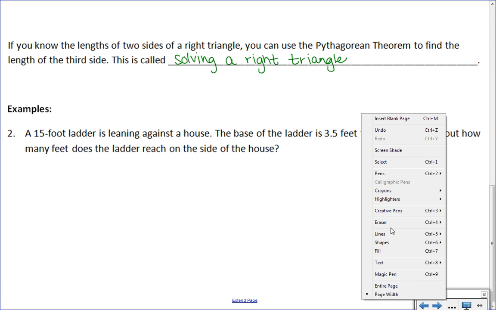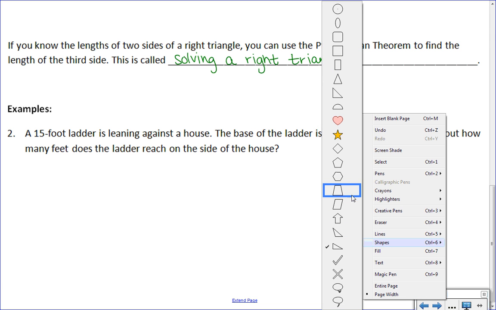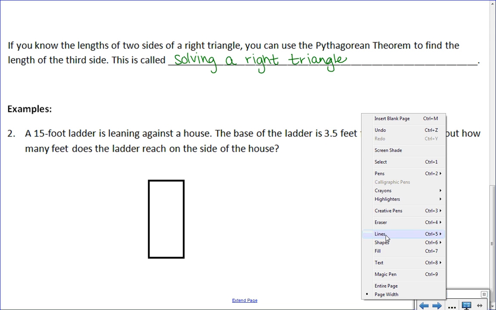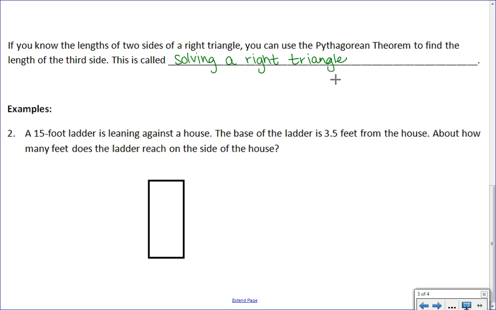So let's first start with just a basic rectangle to represent the house. From there, we have a ladder that's leaning up against it.